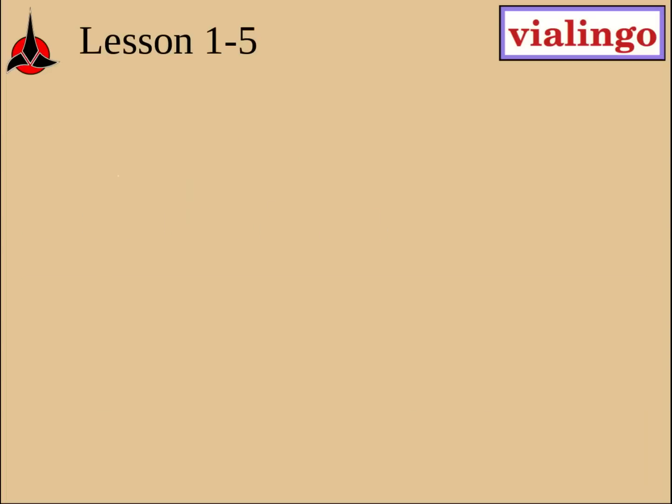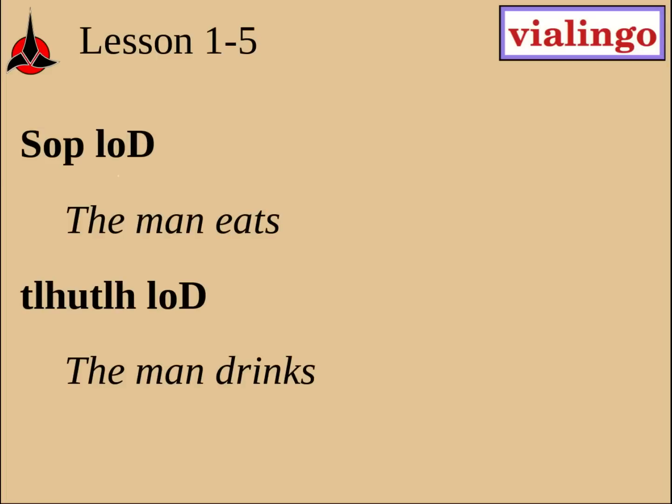If you want to say the man eats or the man drinks, in Klingon you reverse the order and say eats the man or drinks the man. Shop lord is the man eats, literally eats the man. tlhutlh lord is the man drinks, or literally drinks the man.